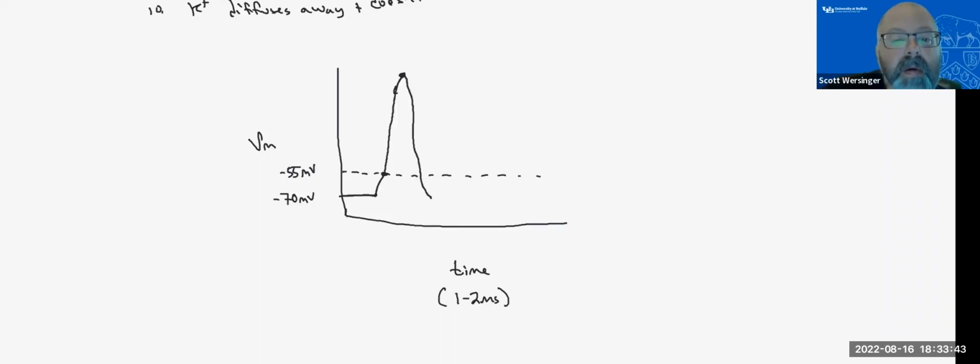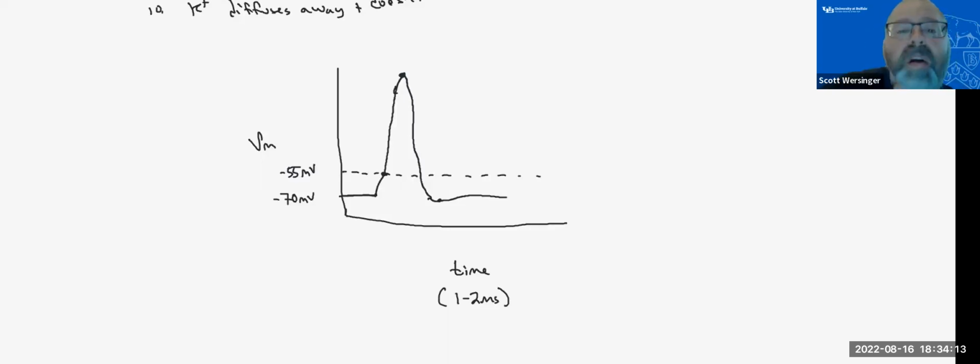My voltage gated potassium channels close, but a little bit too late. We're at -75 or so instead of -70. Now those excess potassium ions flow away and I return to rest. Okay, so that's essentially the action potential. Now it's going to start at the axon hillock and then it'll move down the axon.